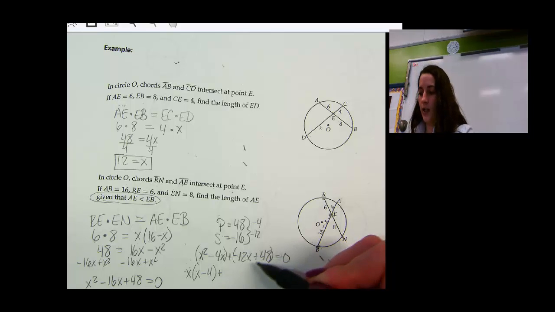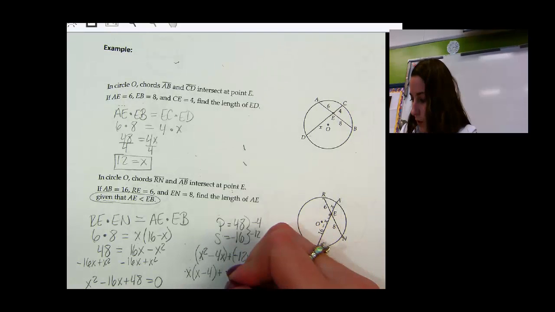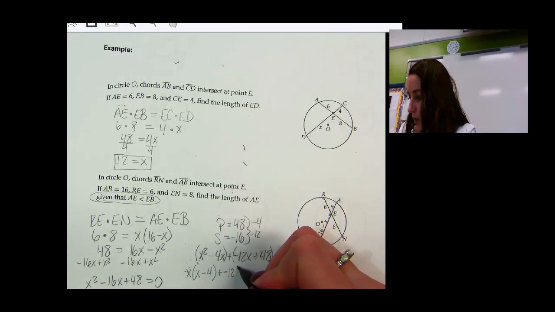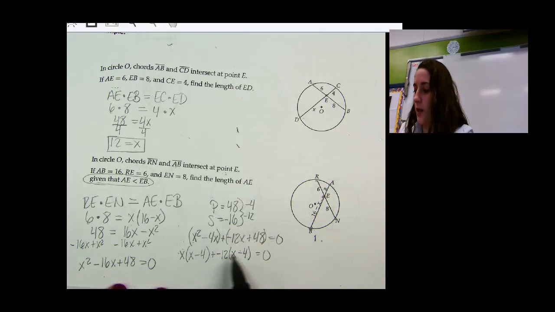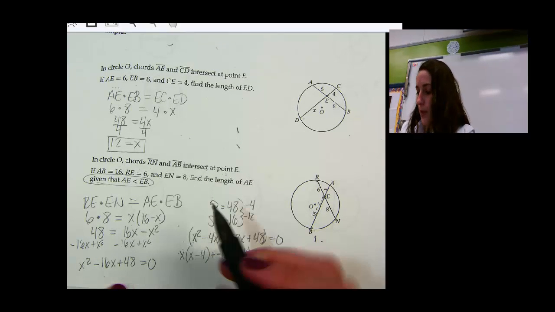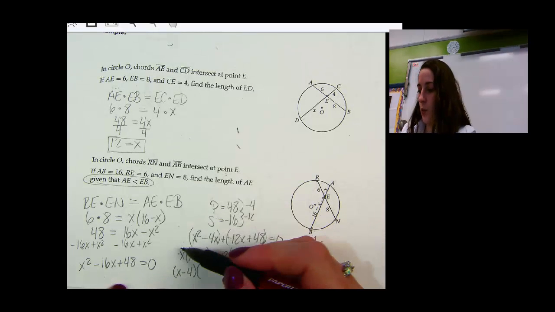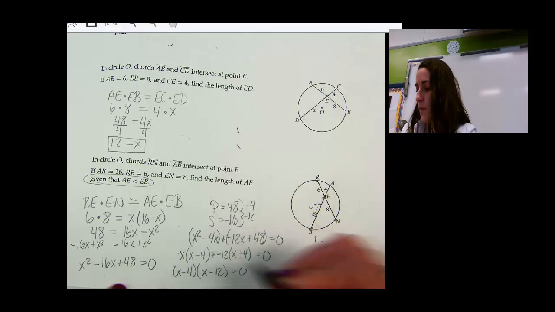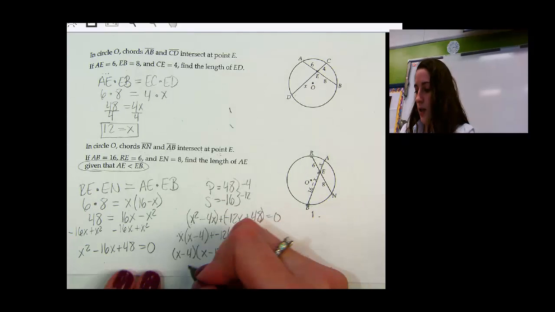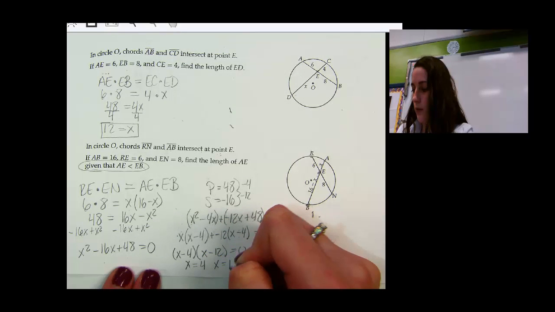I want my x here to be positive, so I'm going to go ahead and factor out a negative 12 from both of those. So if I take a negative 12 out, I'm still going to be left with x minus 4. So here I have x minus 4 that match, so I'm going to go ahead and pull those out as my greatest common factor. So I'm going to end up with x minus 4 times what is left, which is x plus a negative 12, or x minus 12. So then I'm going to get x equals 4, or x equals 12.